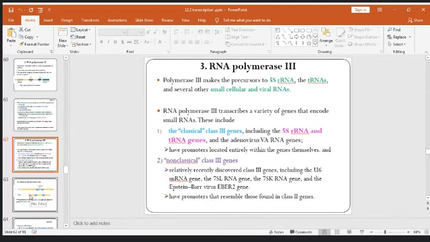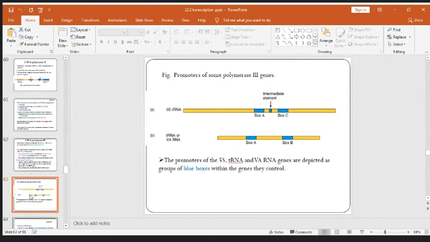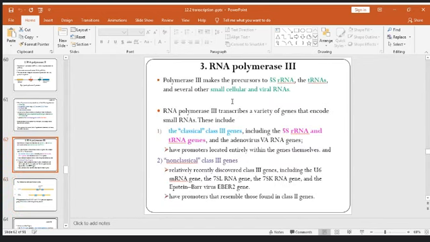RNA polymerase 3 is used to synthesize the 5S ribosomal RNA and transfer RNA. And as I told you before, several small cellular and viral RNAs can be synthesized by the activity of this enzyme. RNA polymerase 3 transcribes a variety of genes that encode small RNAs.